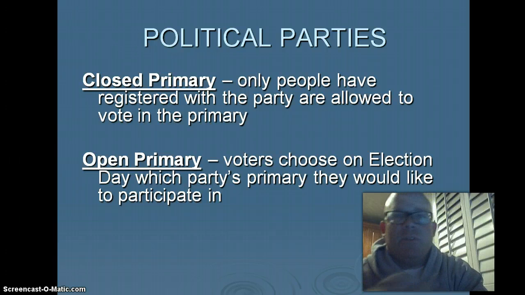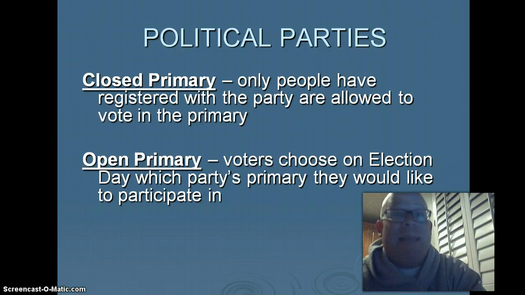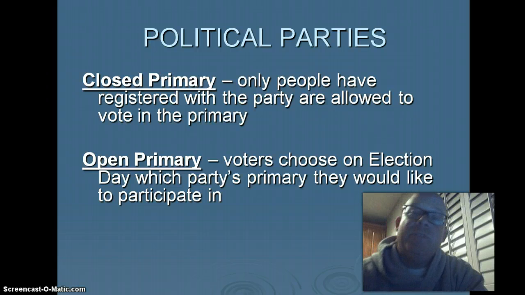So for example, let's go back to 2008. On the Democratic ticket, or Democratic primary, you had Barack Obama and Hillary Clinton. Here in the state of Virginia, we have an open primary system. When you go to the ballots, you can pick which ballot you would like to participate in. So if you wanted to vote on the Republican side, you could have voted for John McCain or any of those other Republican candidates.